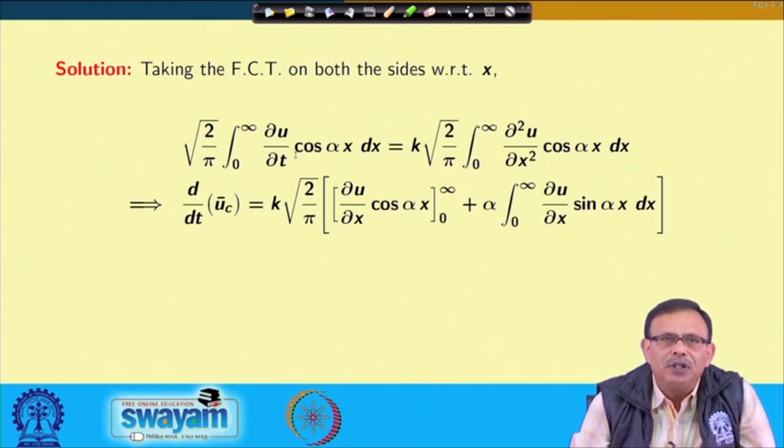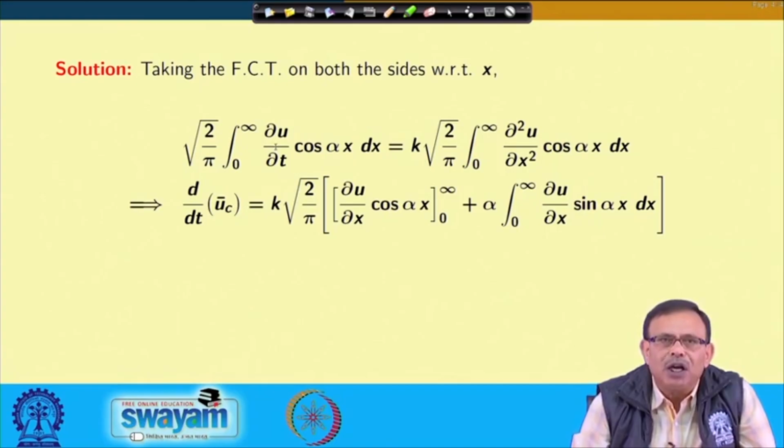It becomes d/dt of root over 2 by pi integral 0 to infinity u cos of alpha x dx, and this integral is nothing but the cosine transform of u.